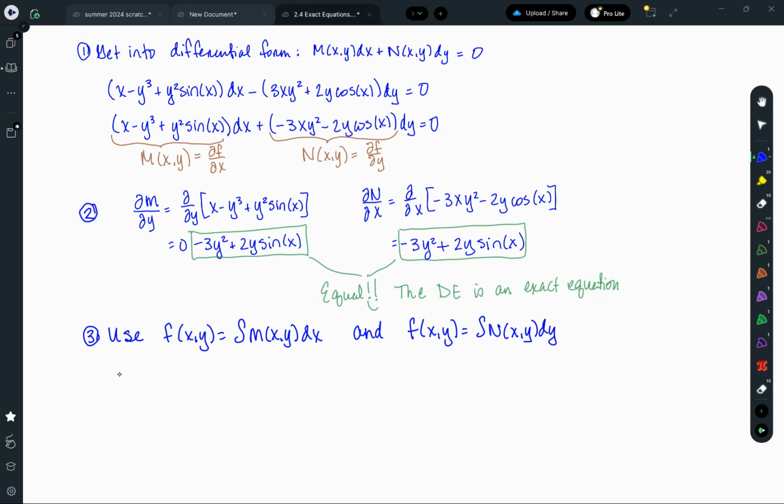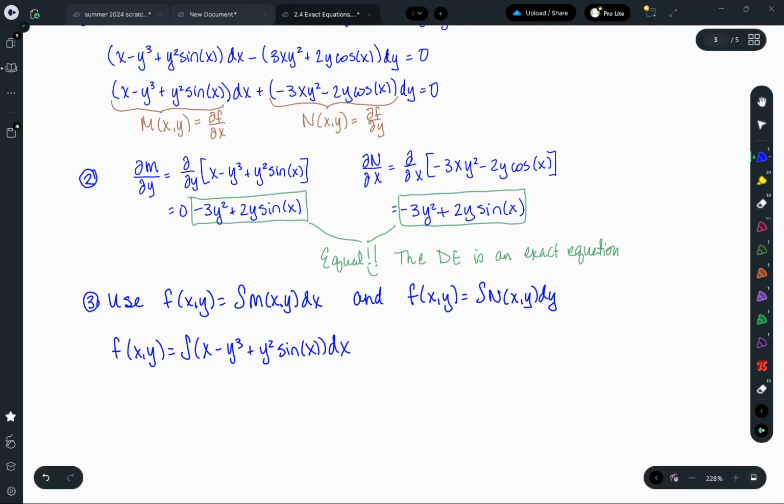Okay, so the first one, f of xy is equal to the integral of m of xy, which was x minus y cubed plus y squared sine of x dx. All right, so when I integrate, I'm going to send my integral through to each of the three terms. The antiderivative of x is 1/2 x squared. The antiderivative of minus y cubed, that's a constant. And if we integrate a constant, we get back an x times the constant. So I should get minus xy cubed.